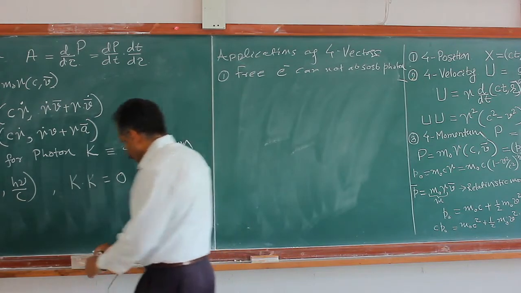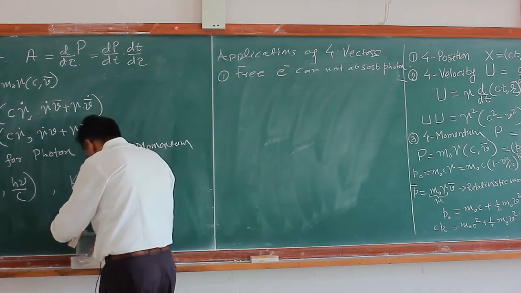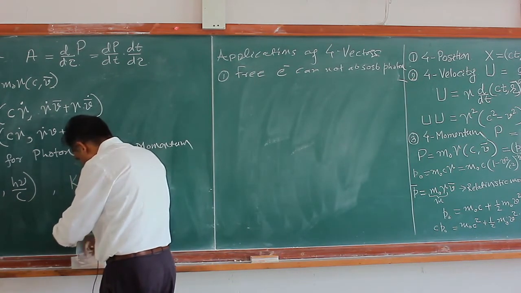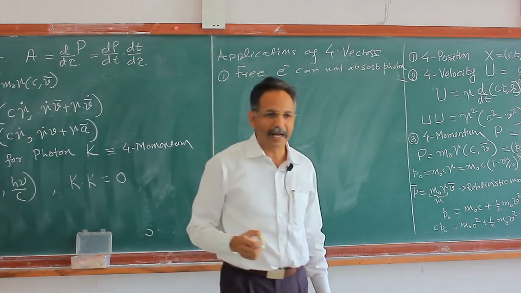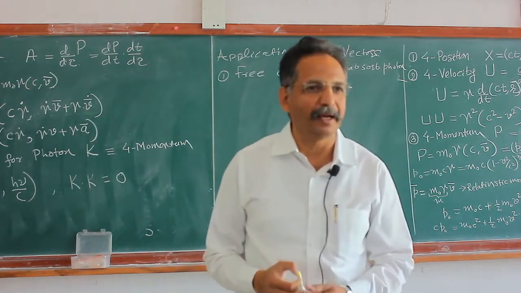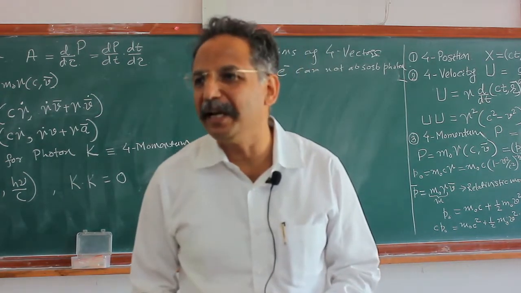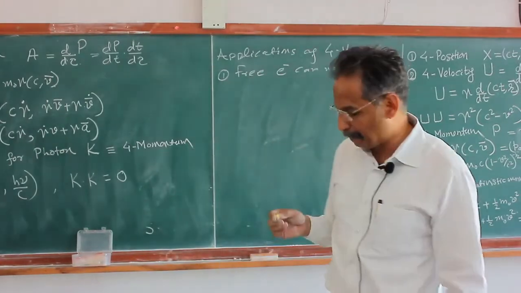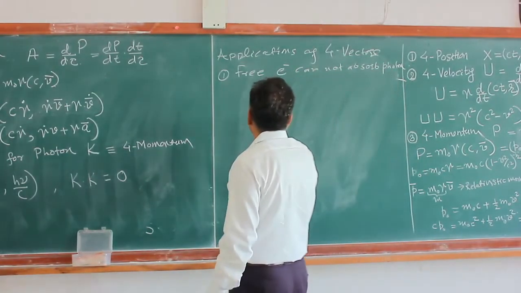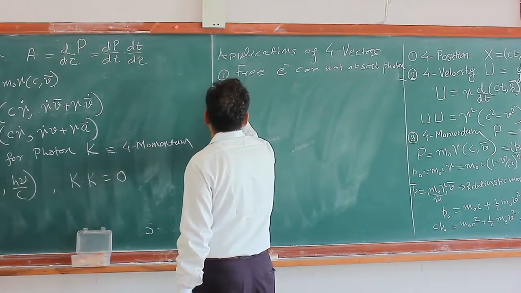Now, first we shall assume that a free electron can absorb a photon, and let something go wrong, and then we claim that what we have presumed is a wrong way of thinking.